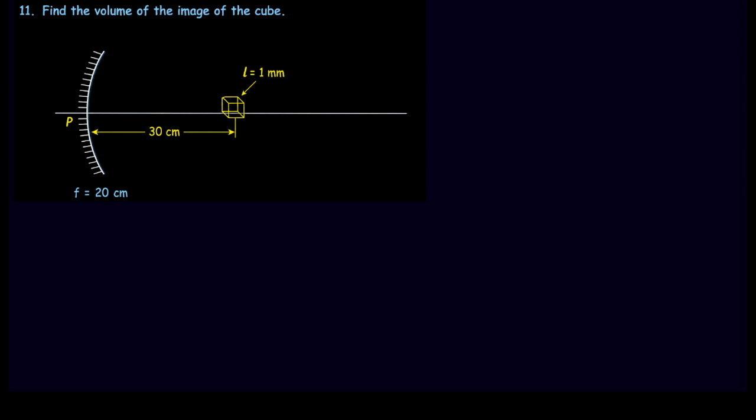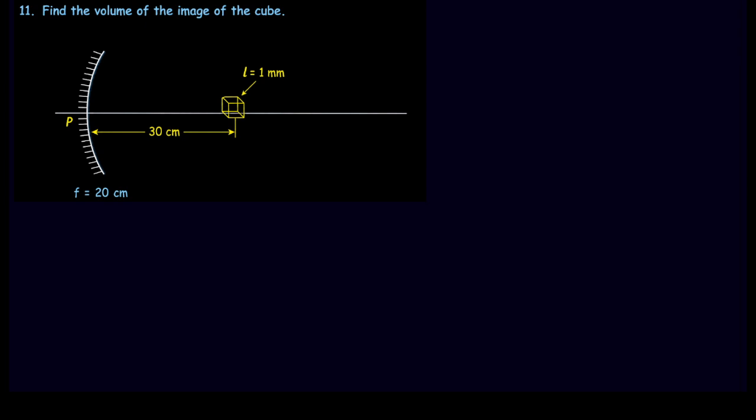They ask you to find the volume of the object. So v is equal to -6. Then find the magnification. It is -2. Then what will we do? So for volume, how should it be here?